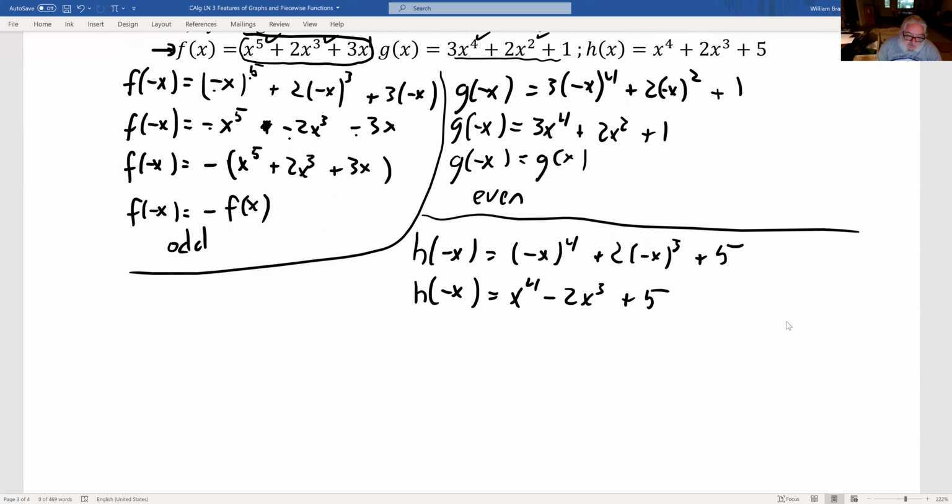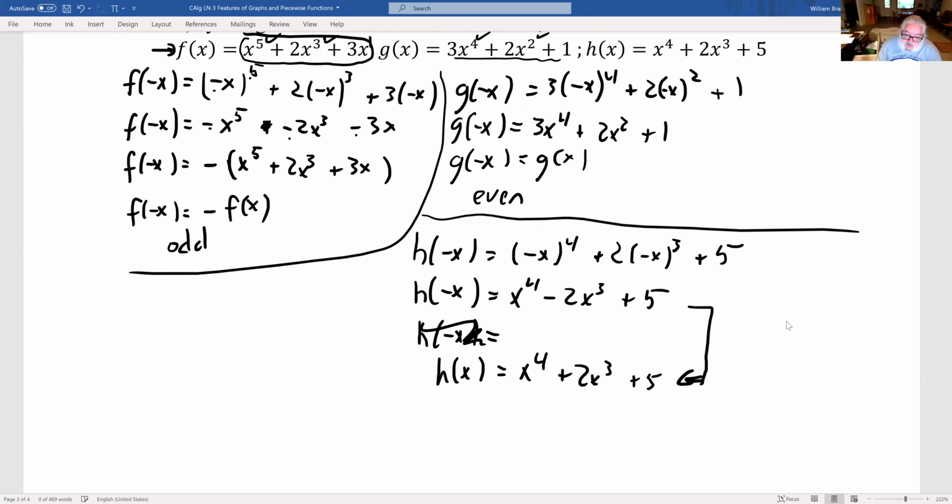So h of minus x equals, h of x, the original function, just to write that down again, is this function. These two things are not the same, so they're not even, and they're not opposites of each other, so it's not odd. So this is neither even nor odd, and it's got a mixture. Some of the powers is an x to the fourth, that's an even power, an x cubed, that's an odd power, so that's going to be neither even nor odd.